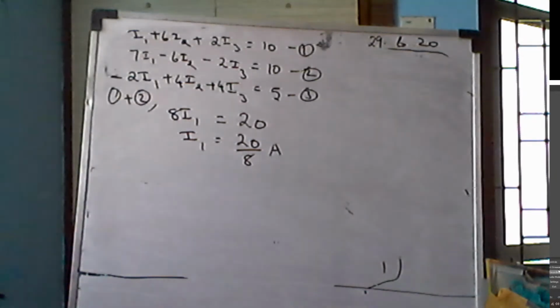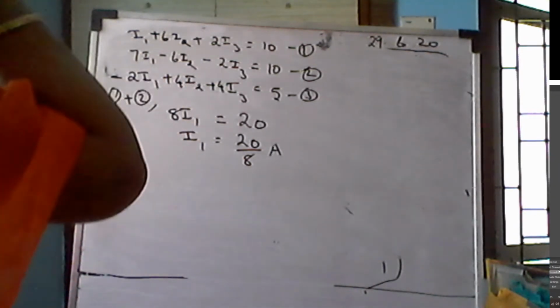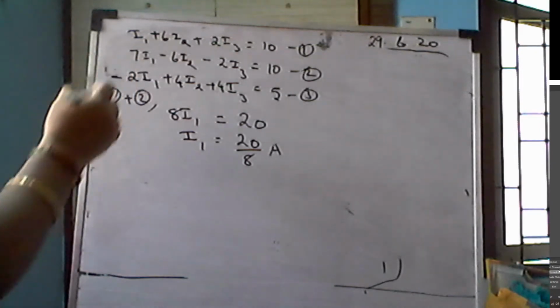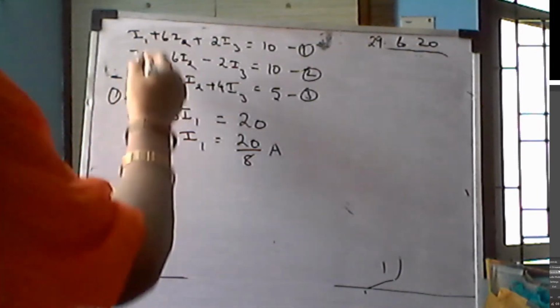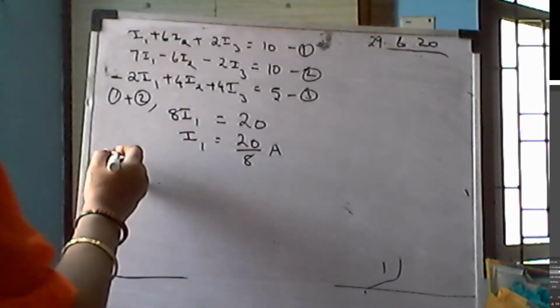Then another thing you can find out. When you got I1, you can substitute it in any equation and then solve it. Another two equations you can get, isn't it? So you can take the first and the third.